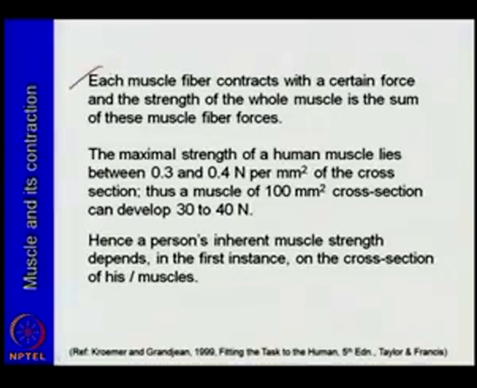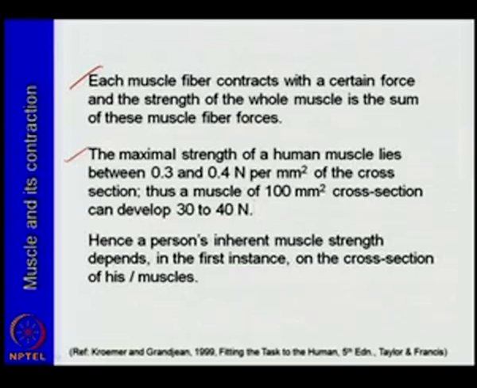Each muscle fiber contracts with a certain force, and the strength of the whole muscle is the sum of these muscle fiber forces. The maximal strength of a human muscle lies between 0.3 to 0.4 Newton per millimeter square of the cross section of a muscle.